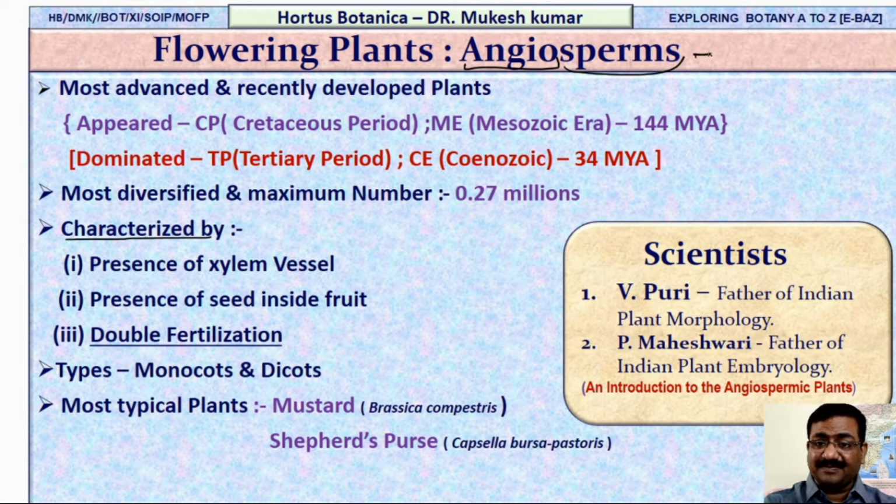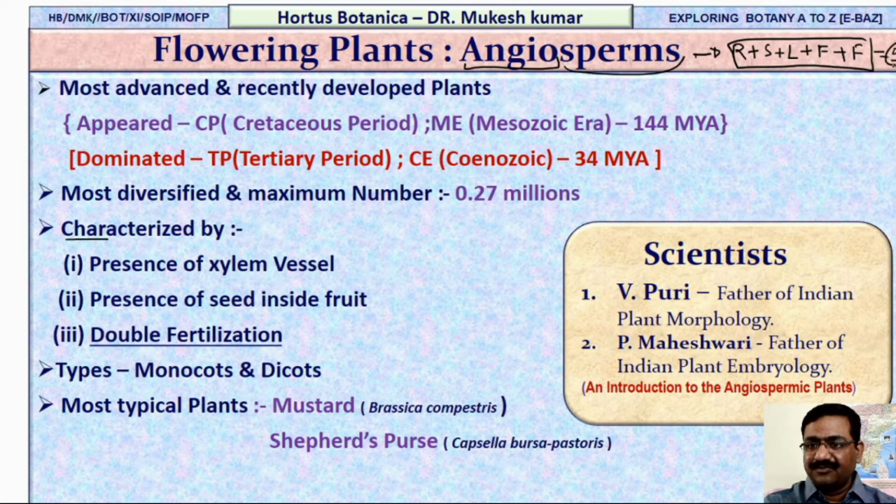They are classified by the presence of, as I told you, root, stem, leaf, flower and fruit. These are the 5 important organs on the basis of which you can identify an angiospermic plant.